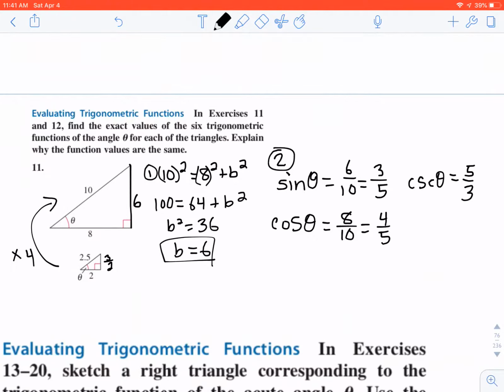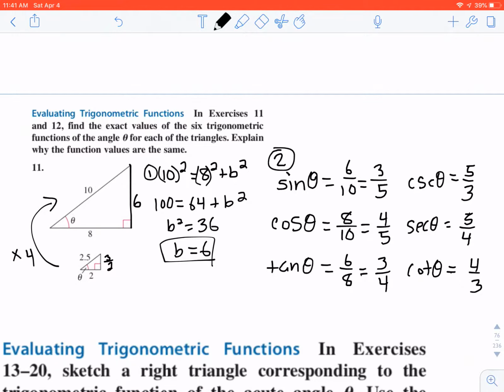That reduces to 4/5. The reciprocal of that is secant theta. So you just want to take the reciprocal, flip that around. Tangent theta is opposite over adjacent, so 3/4. Cotangent theta is just a reciprocal, so flip it. And again, those trig ratios are the exact same for both triangles because they are similar triangles.